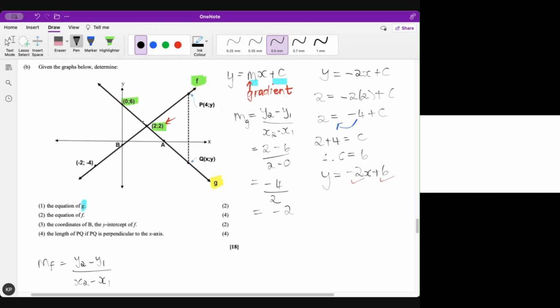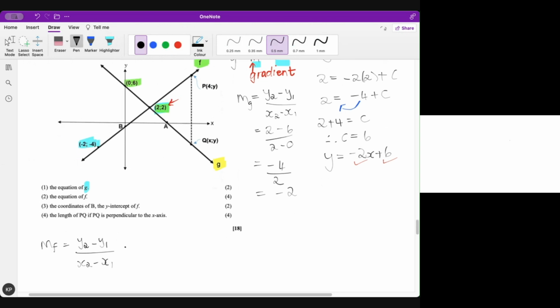What are my two coordinates for f? I have (2, 2) again, as well as (negative 2, negative 4). So I can say negative 4 minus 2 over negative 2 minus 2. What does that give me?